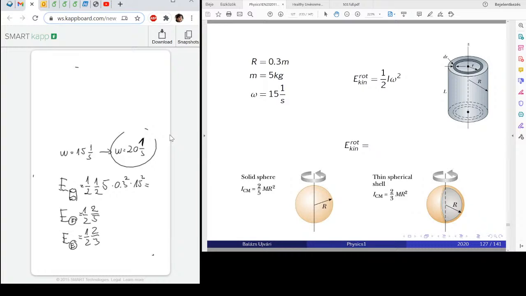This will do some work on the rotating body and that will increase the energy. So calculate the energy and the energy transfer, or just let's talk about it next seminar.